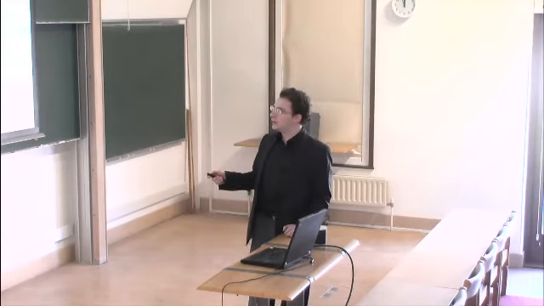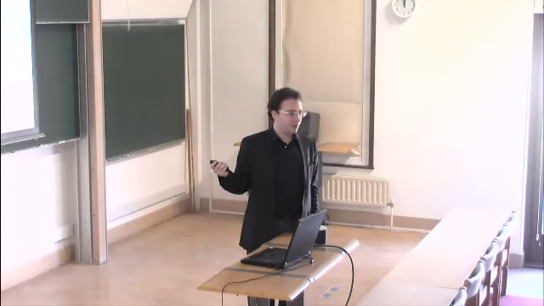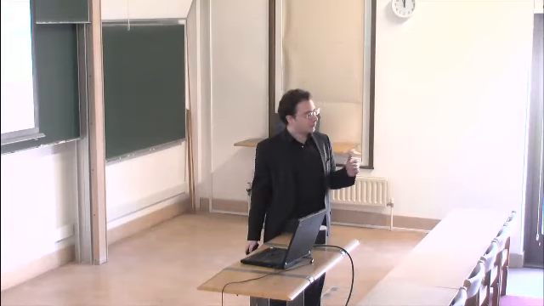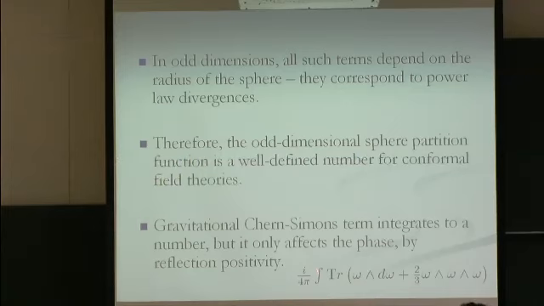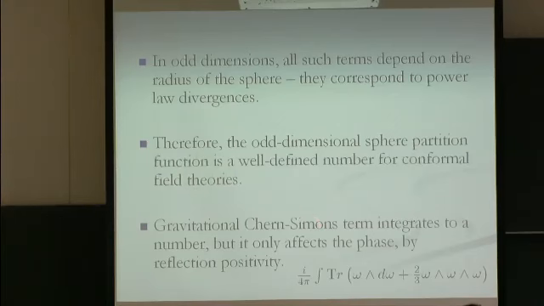But usually you think about regulators which don't break reflection positivity, which is the Euclidean version of unitarity. And if you talk about those kinds of regulators, you never generate the phase, because the partition function is always a real number for unitary theories on the sphere. But actually in the supersymmetric calculation, you do get some non-trivial phase. So I'll come back to that.